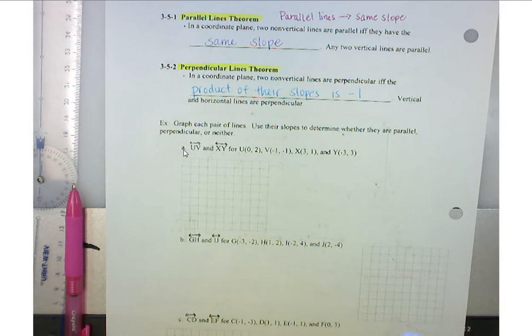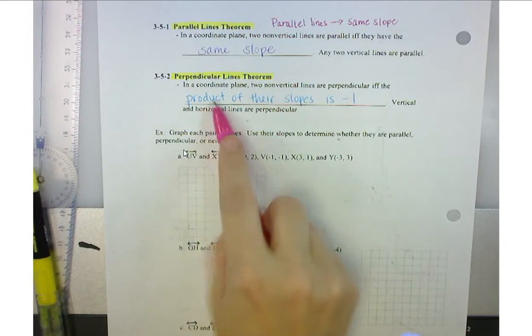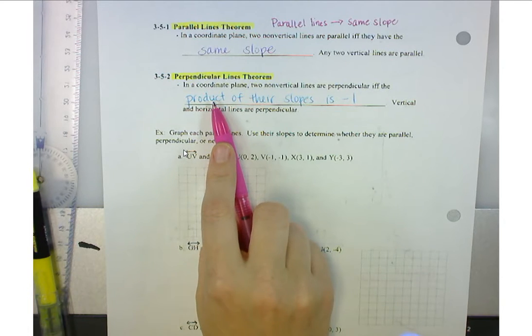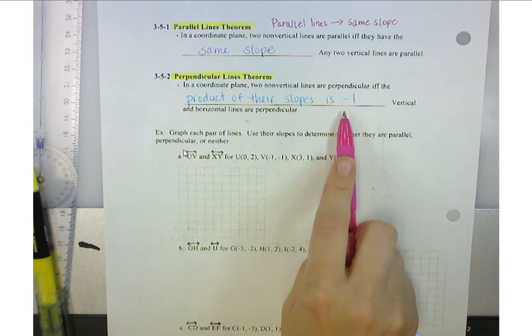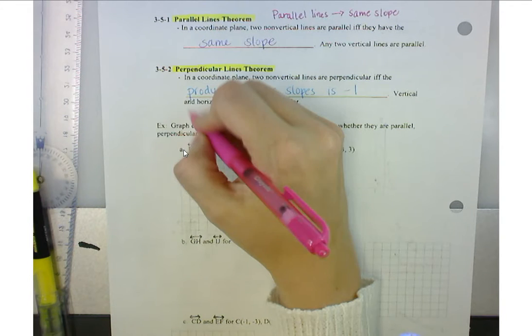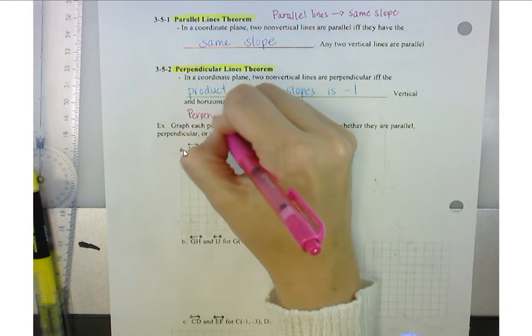Okay, so the product of their slopes is -1. Now, when it says product, what does product mean? The sum will be like when you add, the product will be when you multiply them. So if you were to multiply the two slopes together, you would get -1. Okay, if they're perpendicular.